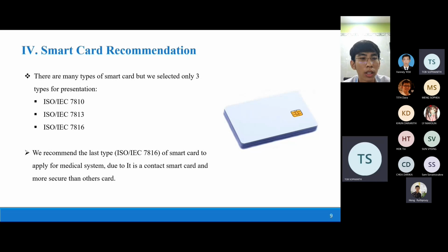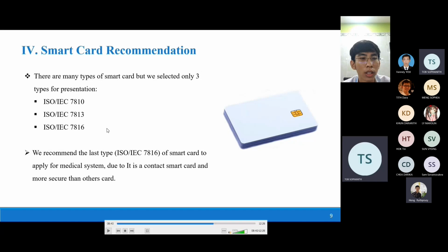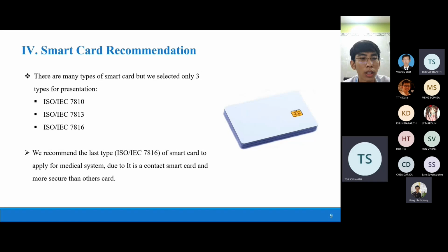And for your question, teacher, the ISO/IEC 7816 is... What does it have that the other cards don't have?